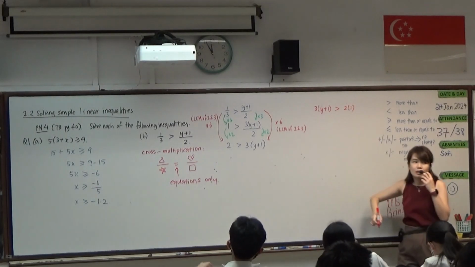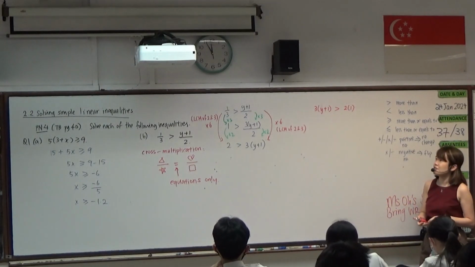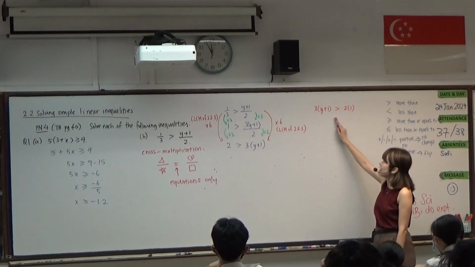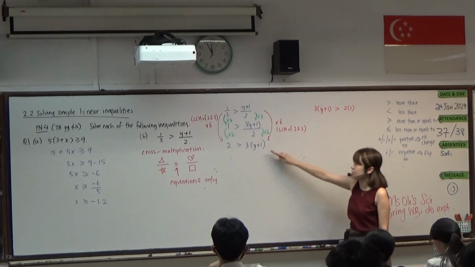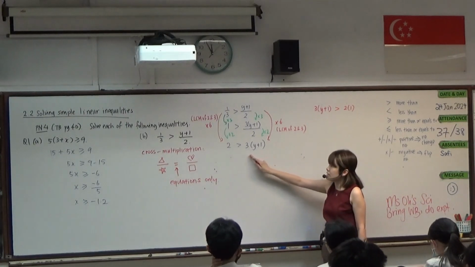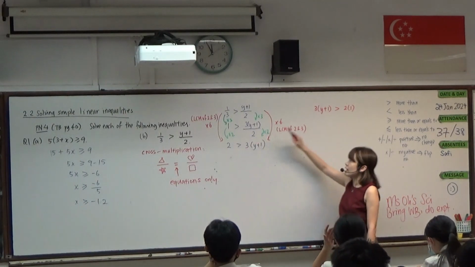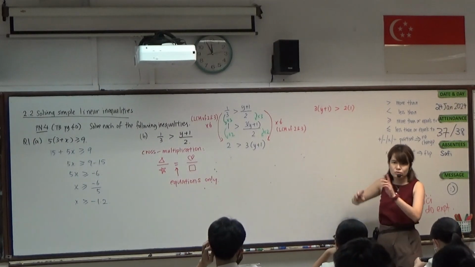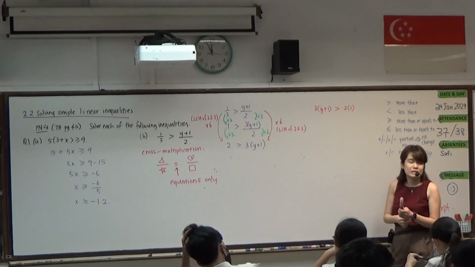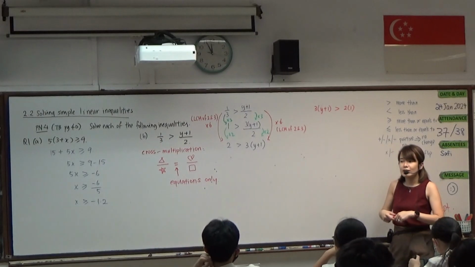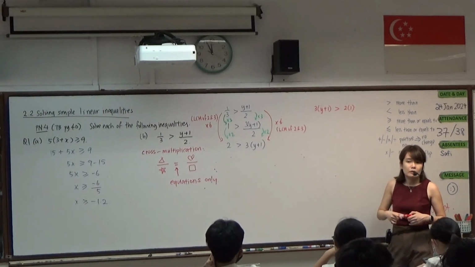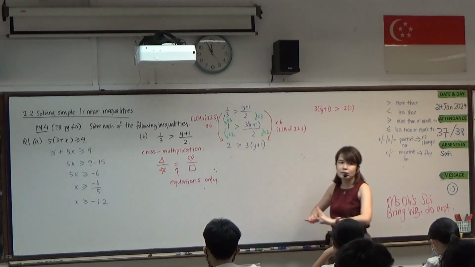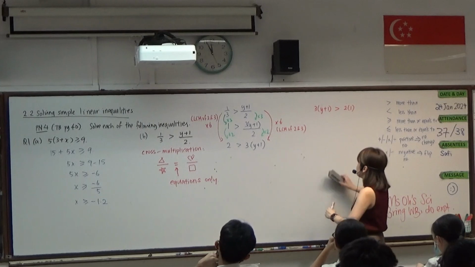If you cross in a different manner, you may end up getting this, which we can clearly see is different from this, because in this statement, 2 is greater, whereas in this statement, 3 times (y plus 1) is greater. So I do not encourage you to think about cross multiplication when it comes to an inequality. We stick with the idea of multiplying by a lowest common multiple on both sides.